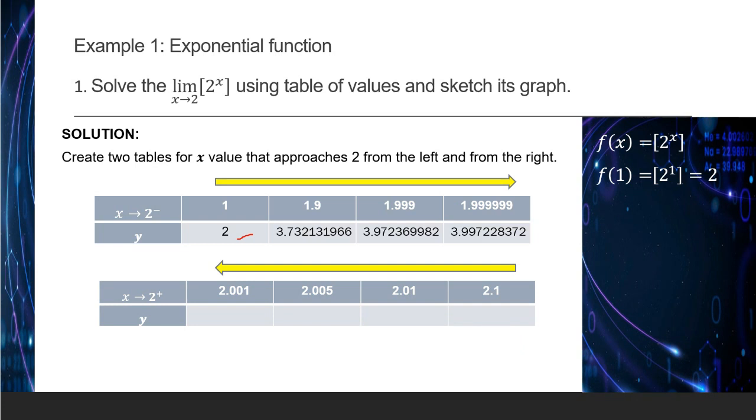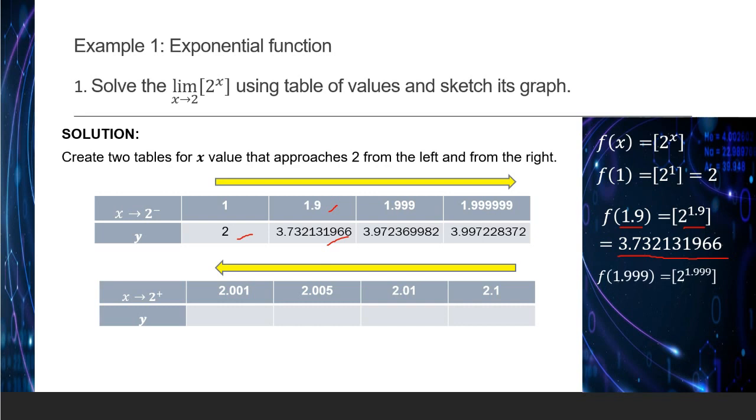Next, solve for f of 1.9. The value of x here is 1.9. So this is equal to 2 raised to 1.9, which is equal to 3.73213196.